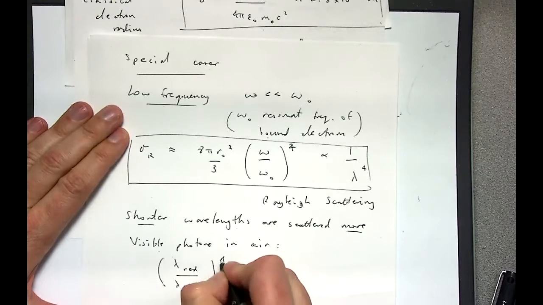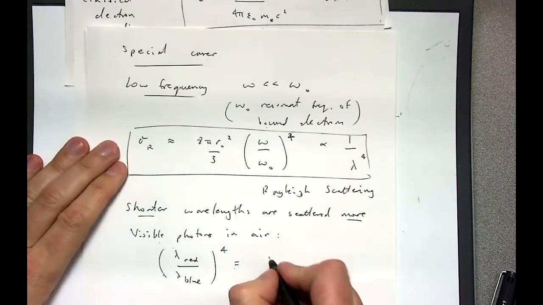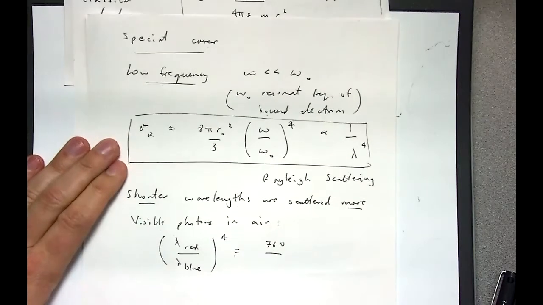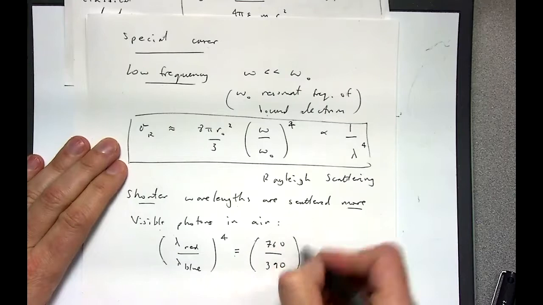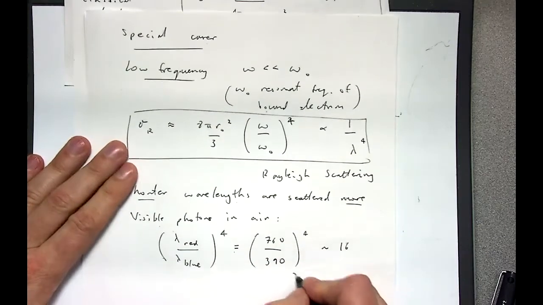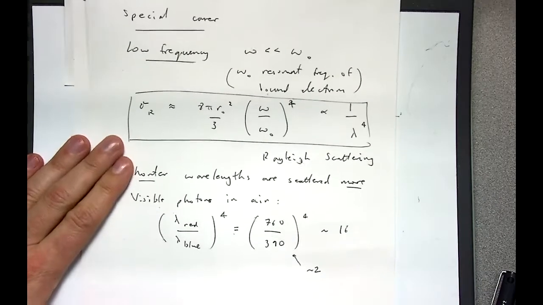Okay? The relative rate of scattering goes as the fourth power of the wavelengths. Right? So let's put some numbers in. So the difference between the wavelengths of red and blue light is maybe only a factor 2 or so. Okay? So of course, to the fourth power, it's about 16 times difference. So that gives an illustration of that fourth power that we said was an enormous difference in the re-radiation.